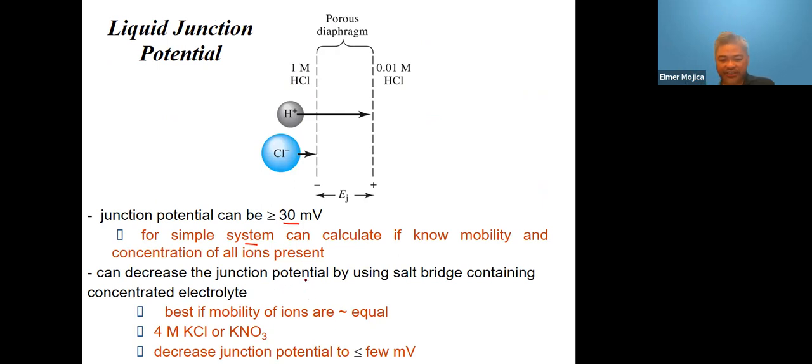Now you can decrease the junction potential by using a salt bridge containing a concentrated electrolyte. The best is if the mobilities of the ions are equal, or if you use 4 molar KCl or potassium nitrate, a higher concentration, and this would result in a decrease in the junction potential to a few millivolts. Okay, so that's the effect of the junction potential.